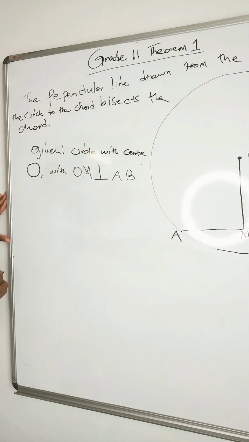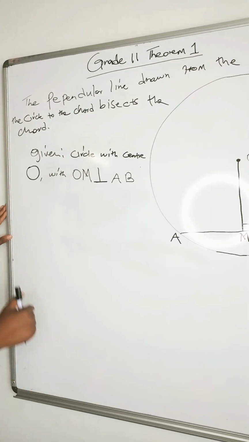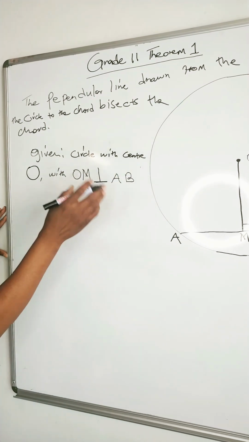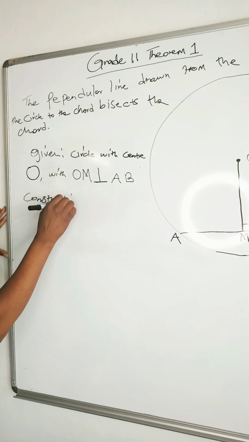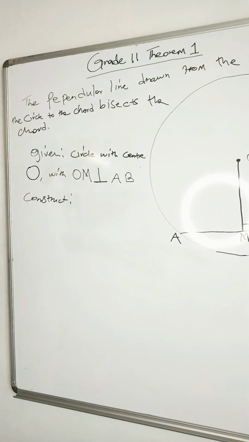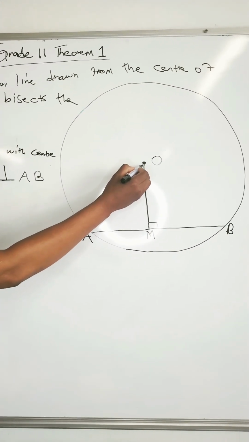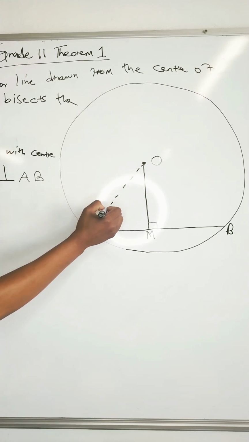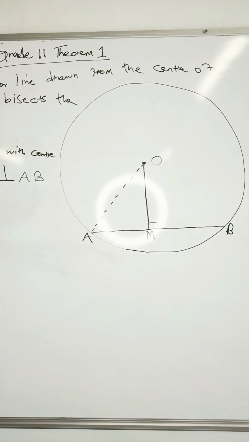Now, what else? We should go to construction, because we need to construct in our drawing there. What must we construct? We are going to draw a line from the center, like that, to the circumference.